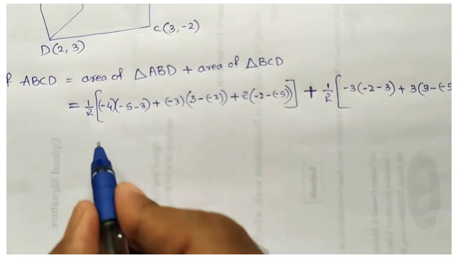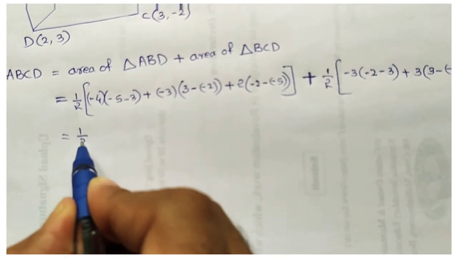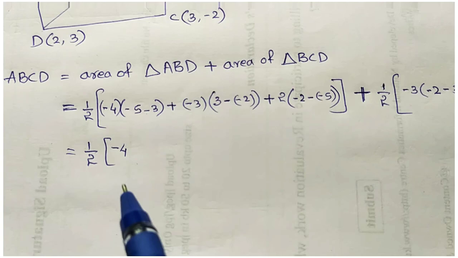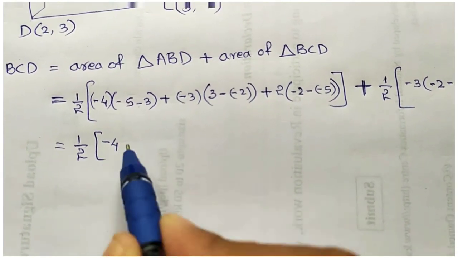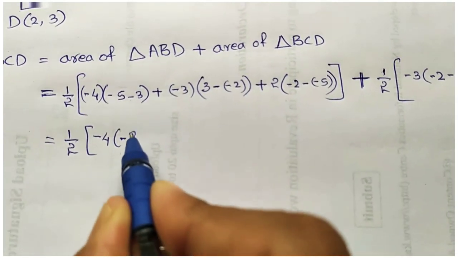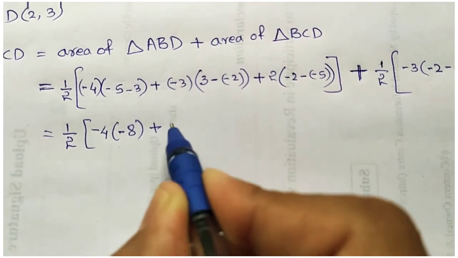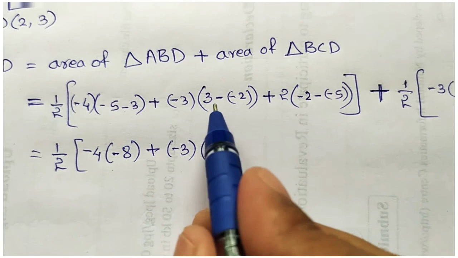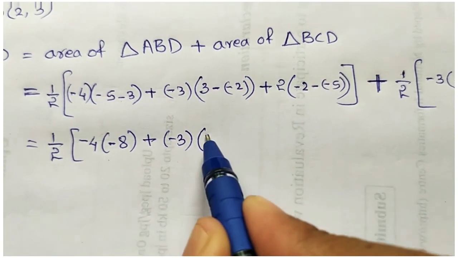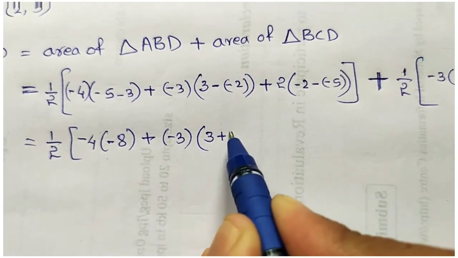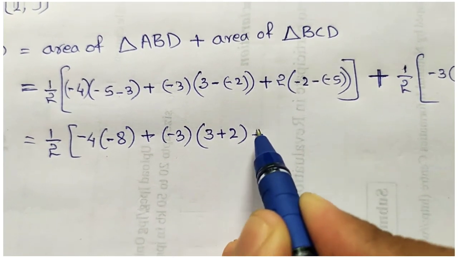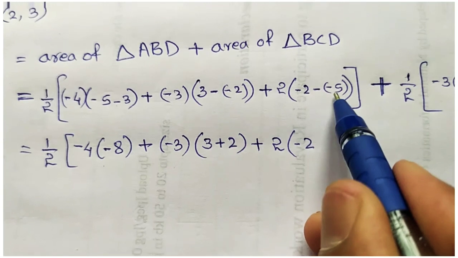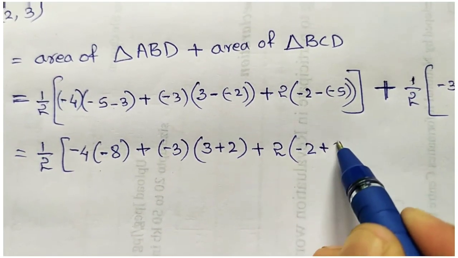Okay, so now solve the first formula. Now solving -4, -5 minus 3, here we will get -8, plus -3, 3 minus of -2, it will be 3 plus 2, plus again 2 into -2, here minus of minus will be minus into minus plus 5.